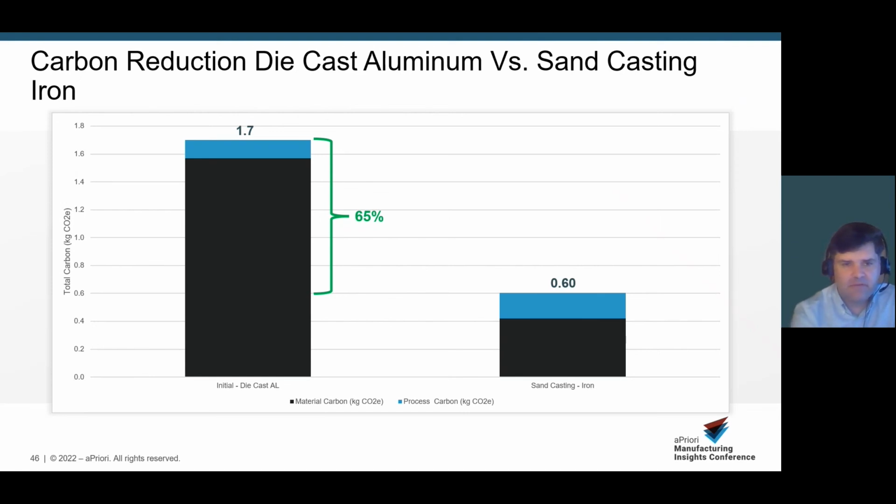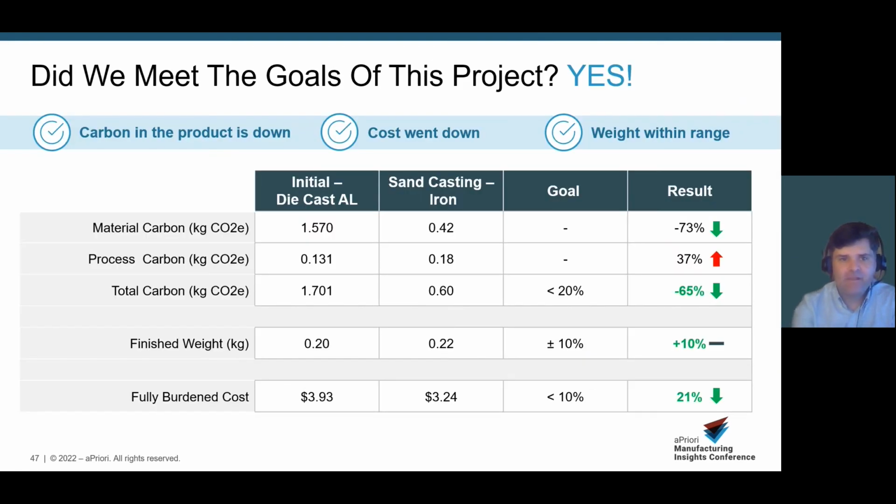But how does it compare to the other metrics I laid out? So I can look at my material CO2. We had a 73% reduction in my material CO2. My process CO2 went up a little bit. It went up 37%, but my net gain was 65% reduction in carbon, which is fantastic. Far exceeds the goal that the company laid out.